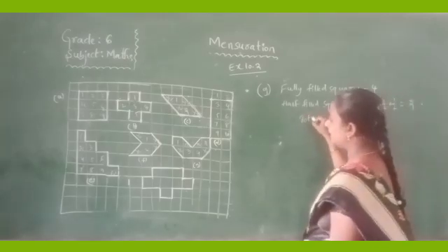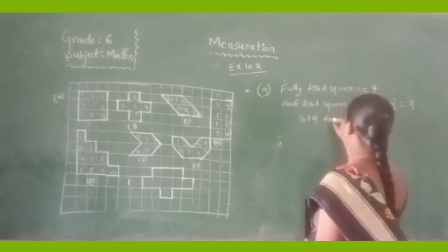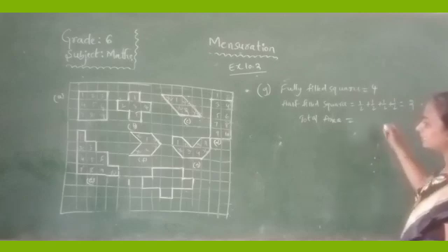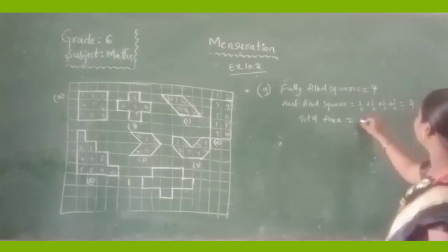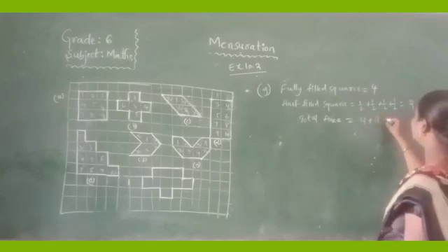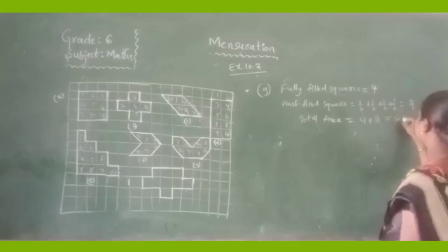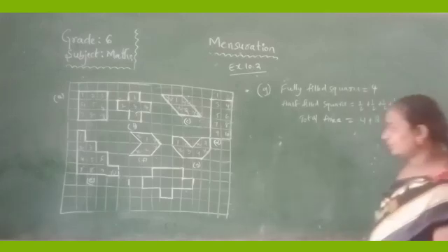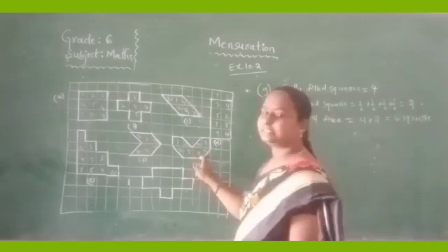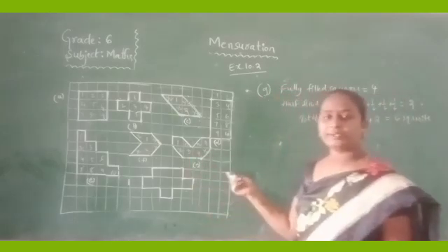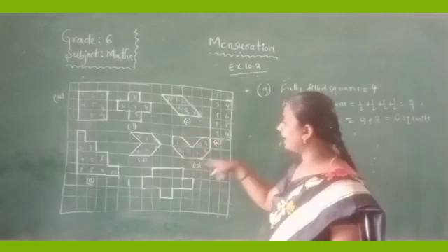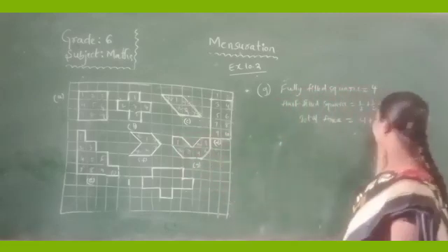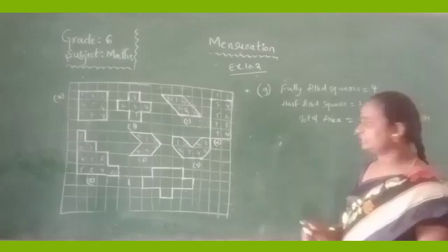Then total area is 4 plus 2, that is 6 square units. So what is the area of this figure? 6 square units. This figure occupies 6 square units on the square paper.